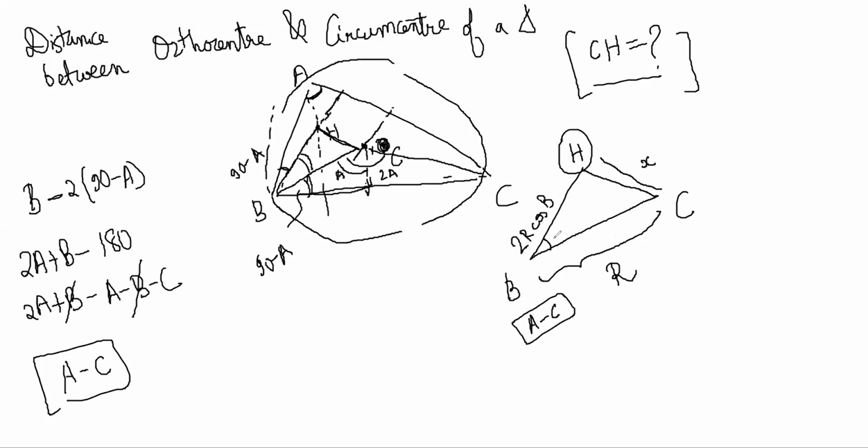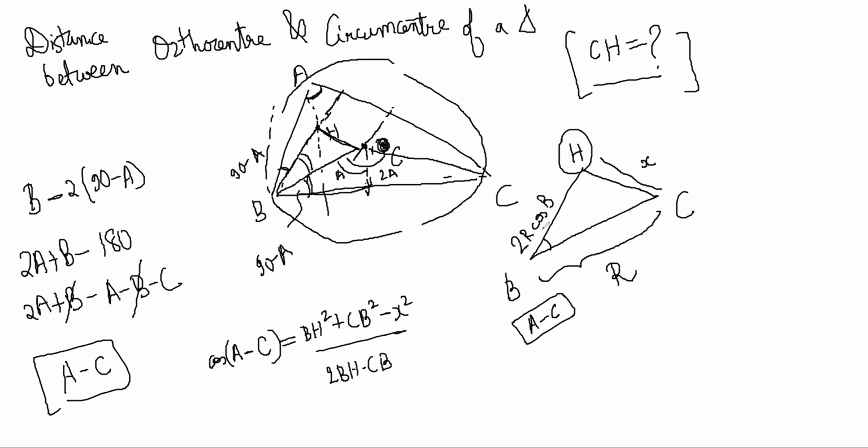So now it is obvious what to do. You can do sine rule. No, you cannot do sine rule because you don't know these angles. So I will not do sine rule. I'll do cos rule, right? Cos of A minus C is equal to BH square plus CB square minus X square by 2 BH into CB.